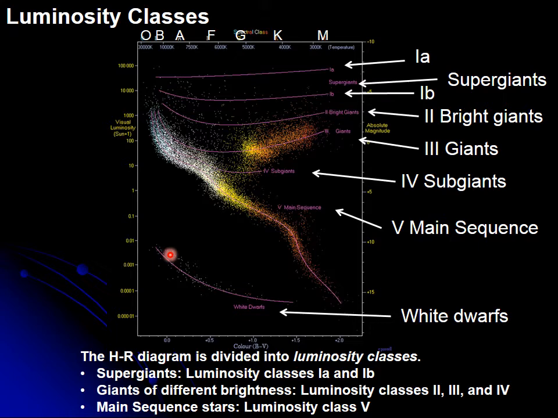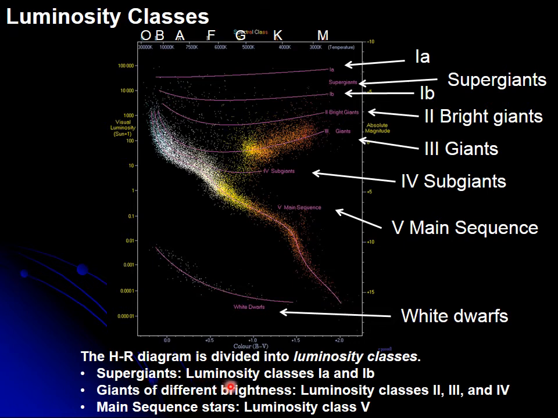They don't have their own luminosity class. But we can see that the main sequence stars are going to be down here. The giants are going to be here, subgiants, giants, and then supergiants. They're going to go with different types of luminosities.